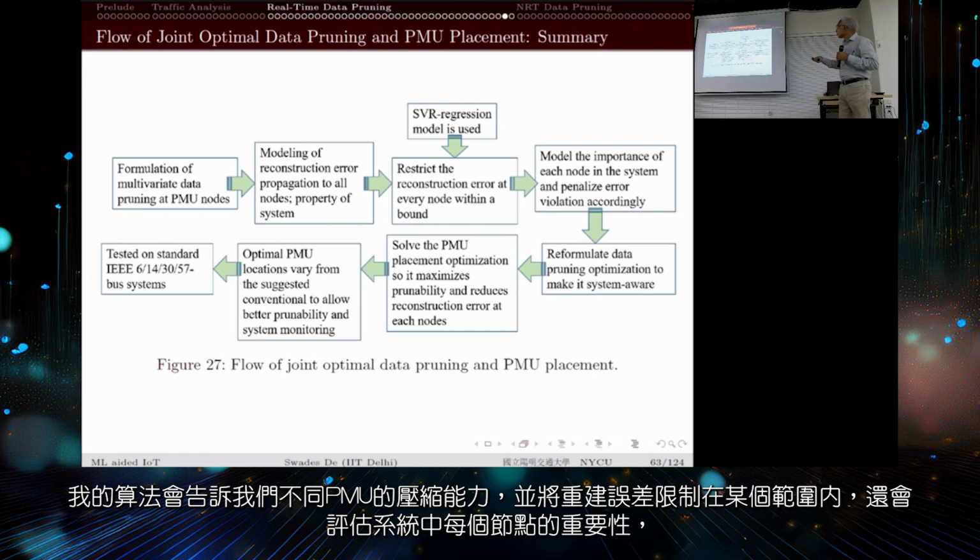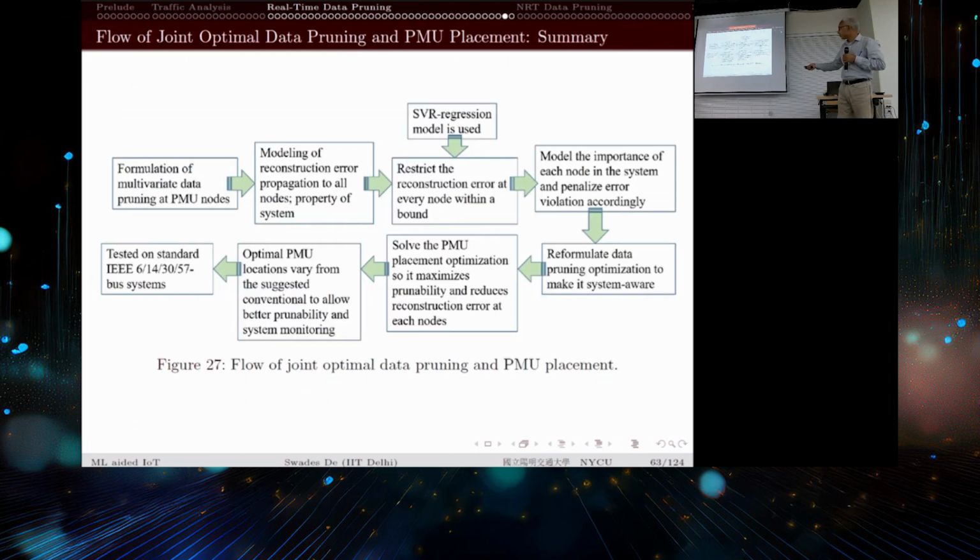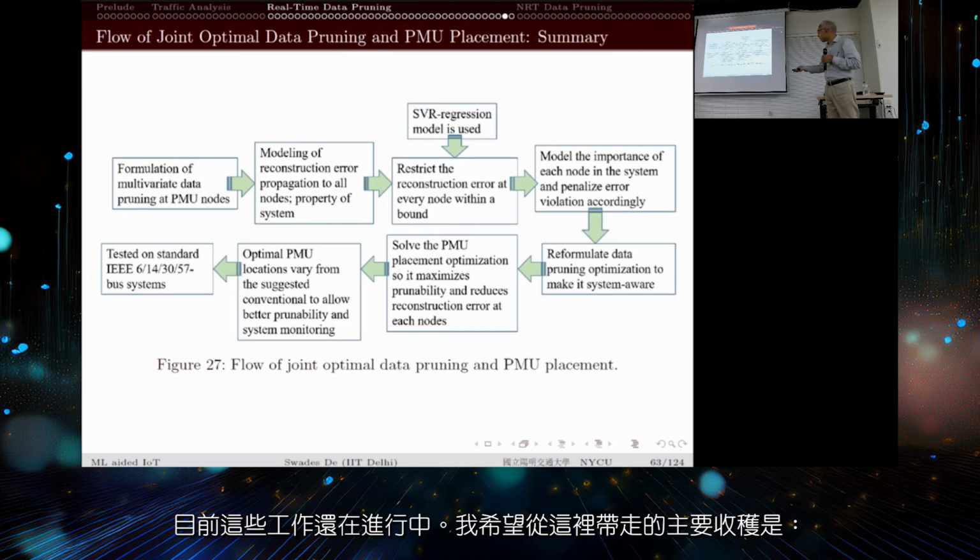And restrict the reconstruction error within a certain bound, model the importance of each node in the system, and penalize the error violation, etc. So this is straightforward. And we are trying to actually implement this in a real PMU. Currently, this is ongoing work.